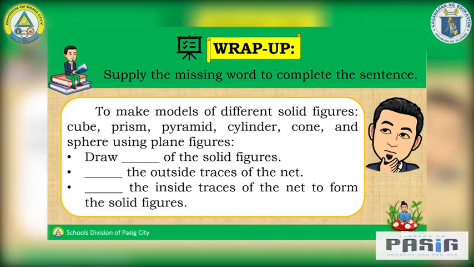Time's up. The answers are: draw the net of the solid figures, cut the outside traces of the net, fold the inside traces of the net to form the solid figures.